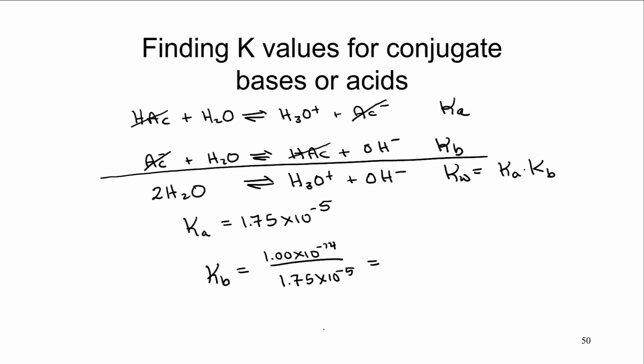So that's, let me go double check real quick. Yeah, it's 5.714 times 10 to the minus 10. Three significant figures for this one. So that's the Kb value for acetate ion. So now if you have a problem and it says, for example, calculate the pH of a solution of, let's say, 0.1 molar sodium acetate, this is where you get the equilibrium constant from.